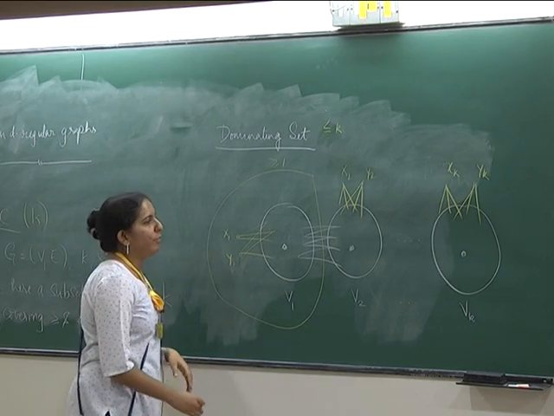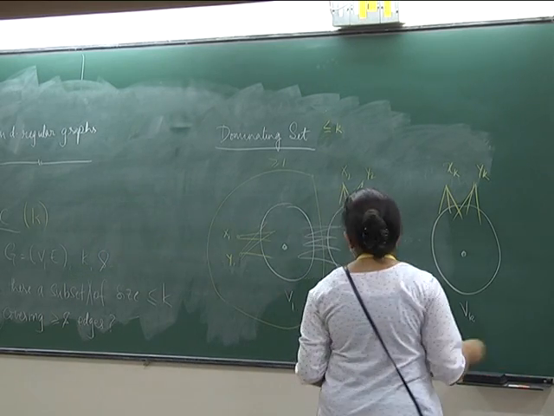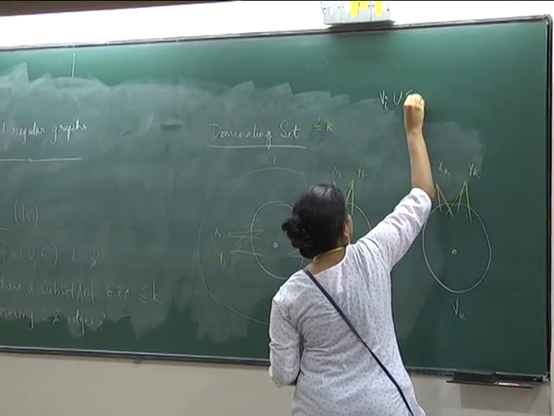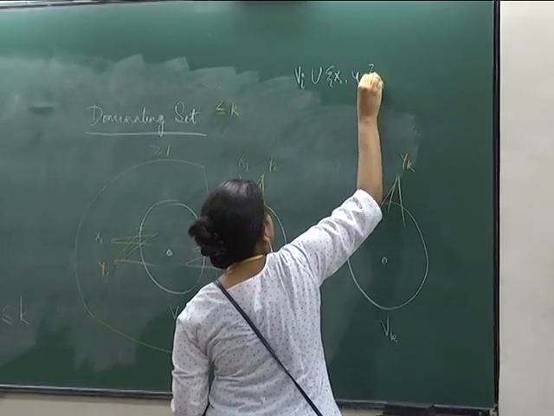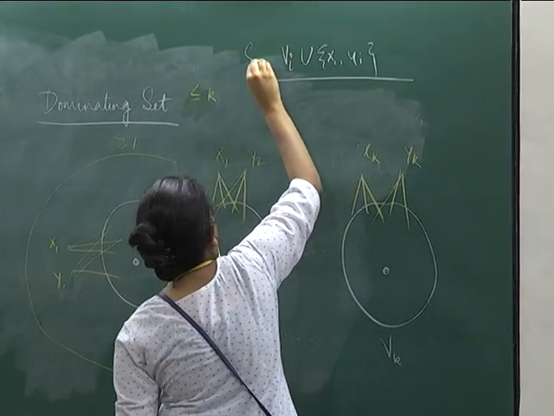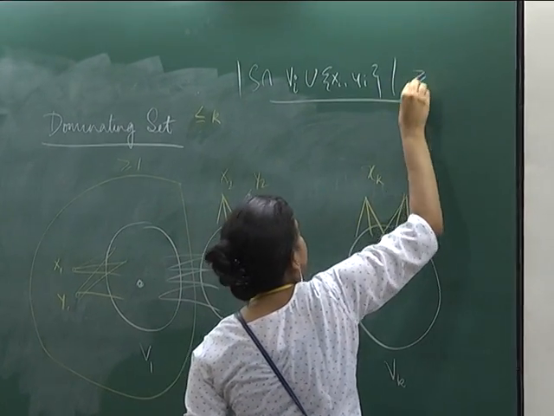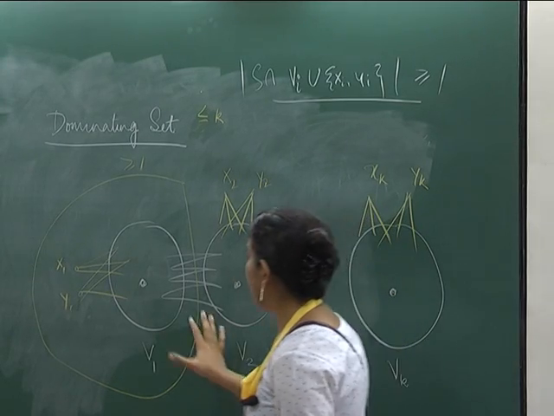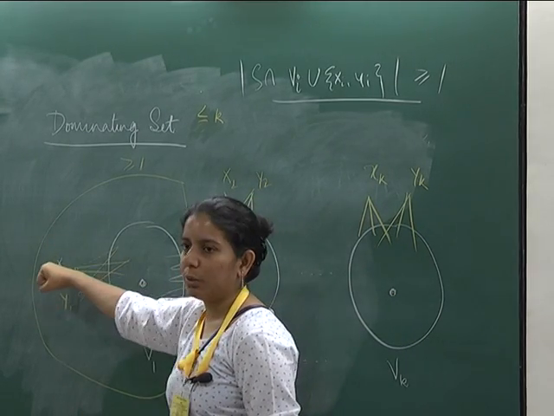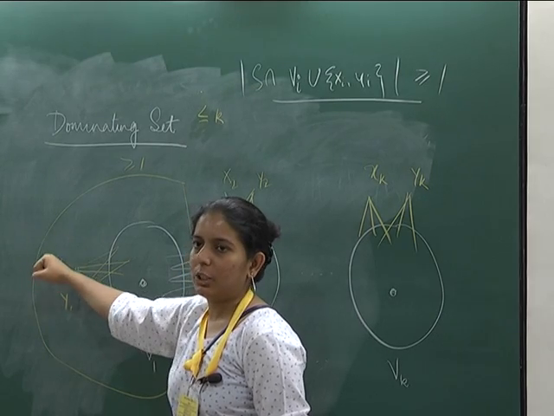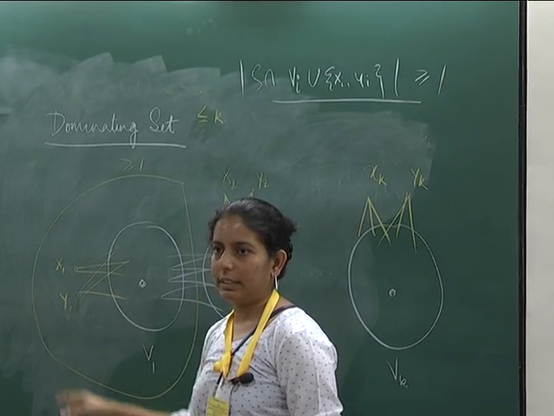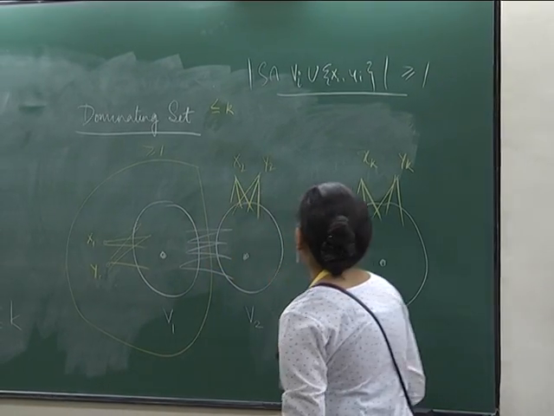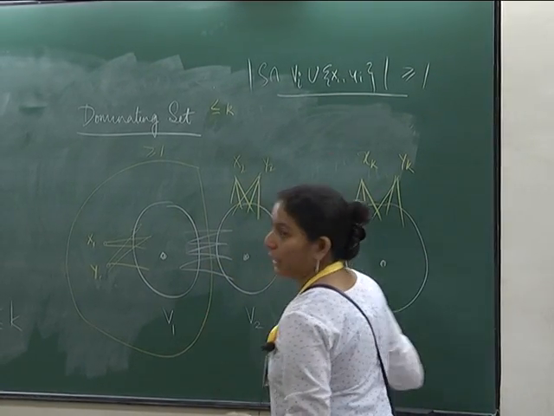So from every Vi union Xi Yi, any dominating set S has to intersect at least one vertex. Because if you leave out this chunk entirely, who is dominating X1? The only guys dominating X1 are in this zone, either itself or one of these guys. So from each of these, you need to pick at least one.